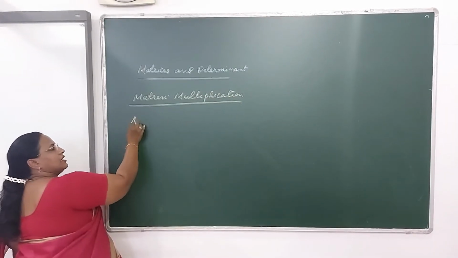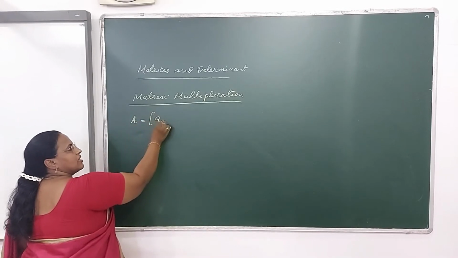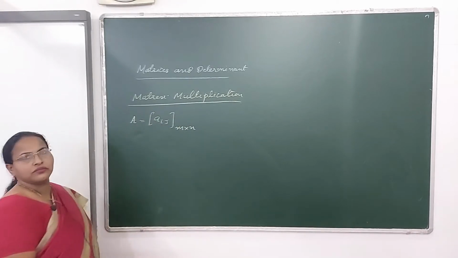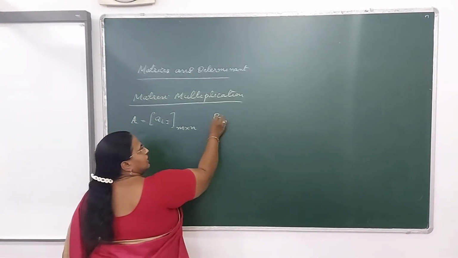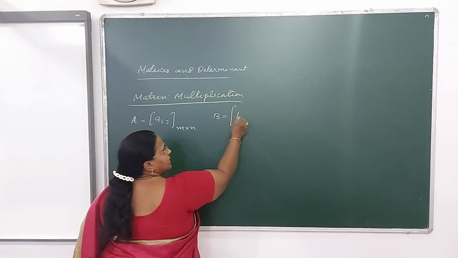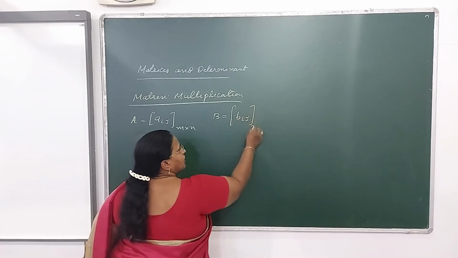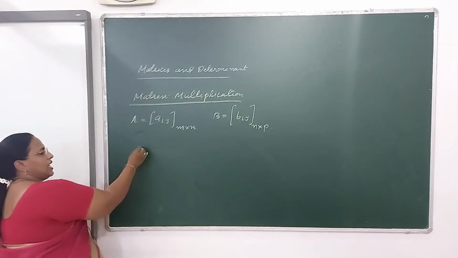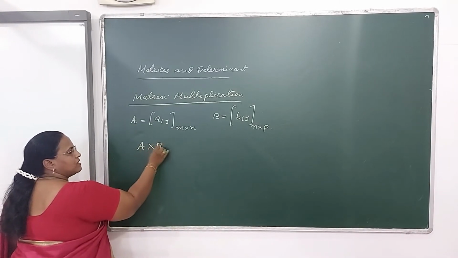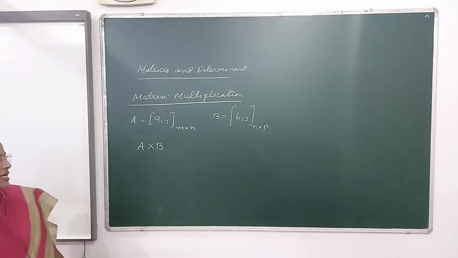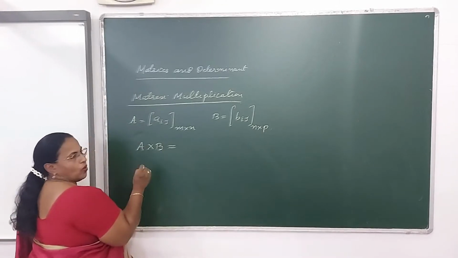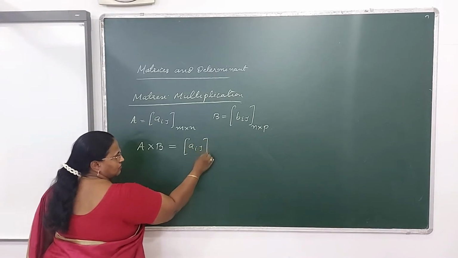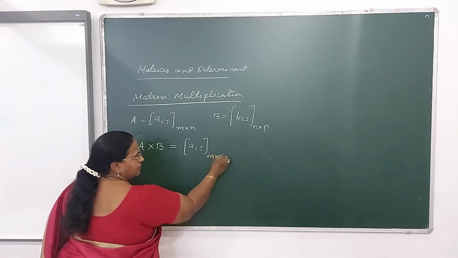Let A be a matrix Aij of order m by n. B is another matrix Bij of order n by p. A into B matrix multiplication is possible only in case, now let me write it down first. Aij of order m by n.